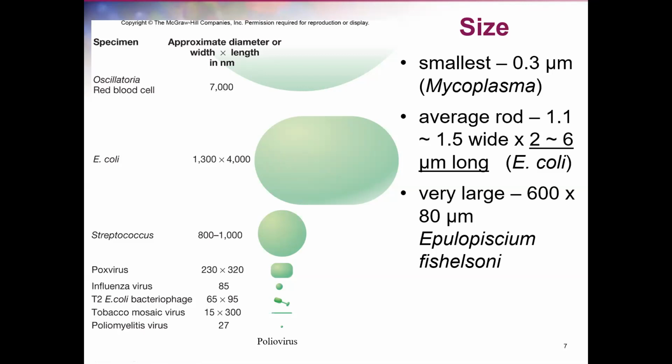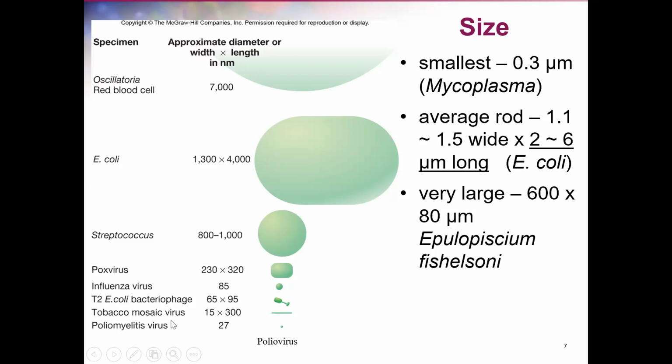Then if you compare with the size of a virus, you can see here, this is smallpox virus, then influenza virus, then E. coli, T4, a bacteriophage. When we talk about phage, it means they actually live in, like T4 lives in E. coli and feeds on it, so you call it phage. So usually that means it's a virus.